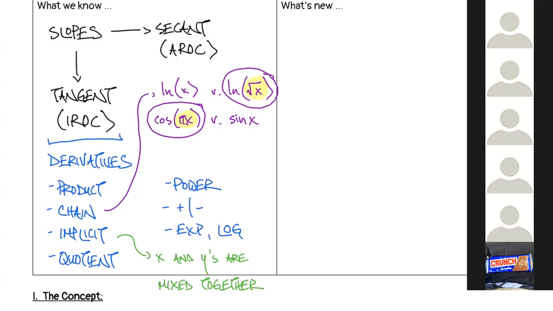And so if we had one like this, f of x squared versus g of sine x, which one of those would require the chain rule?